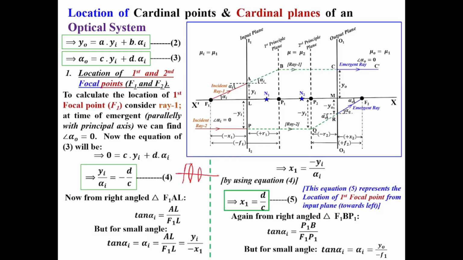For this case, two thin lenses separated by a distance, we find the x1 value is positive.